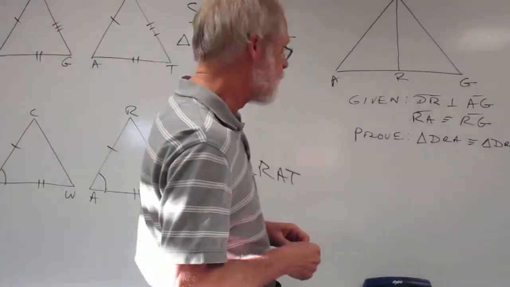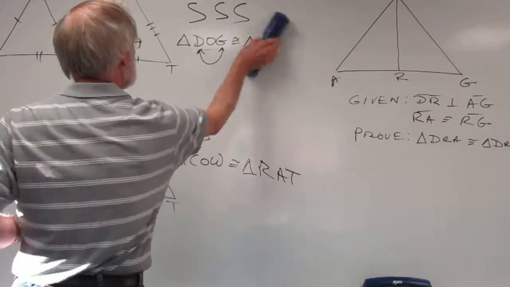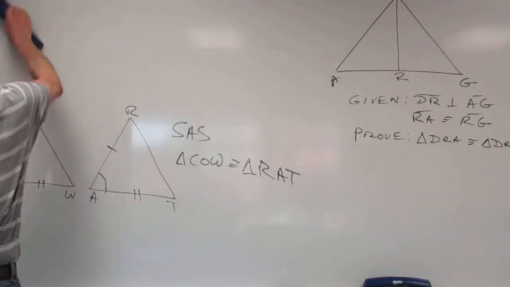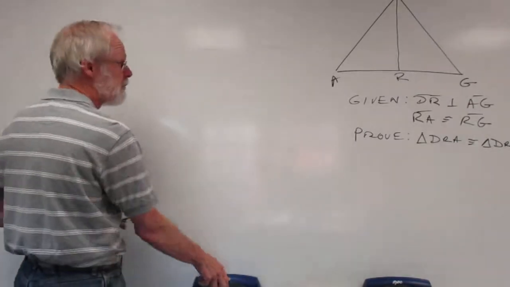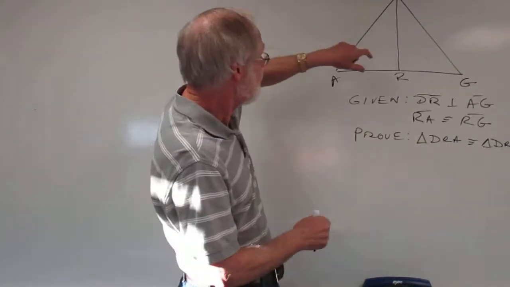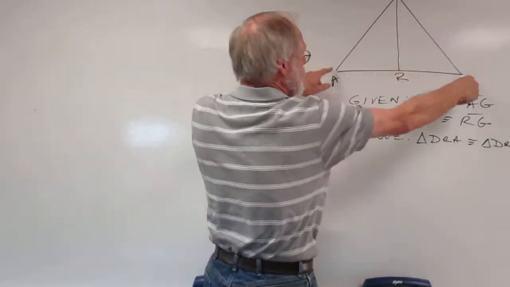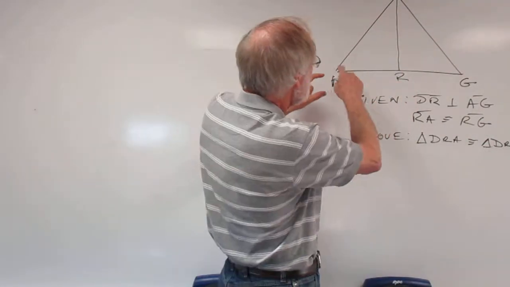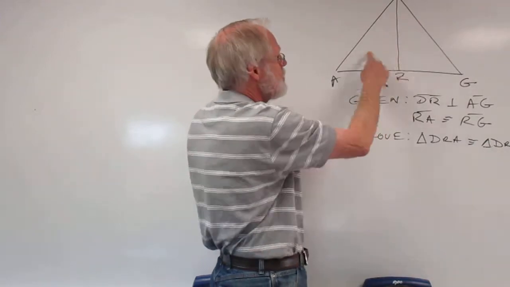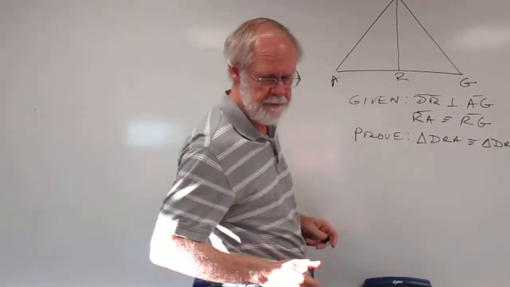Now let's take a look at a proof. I'm going to erase these and look over here to your right. Here we have a large triangle, but it's been divided down the center so that we have actually 2 smaller triangles inside.